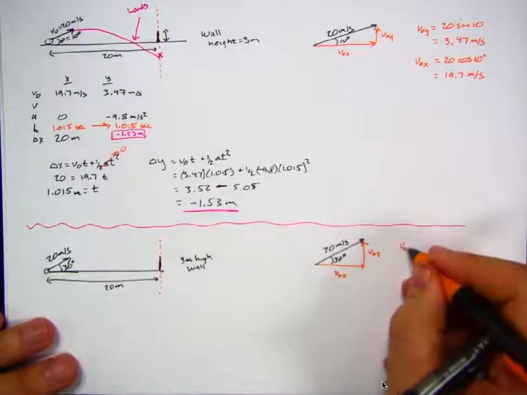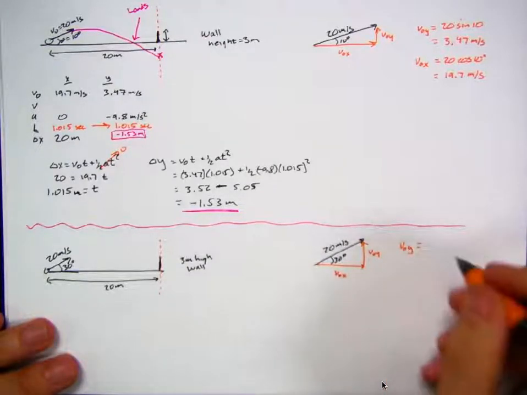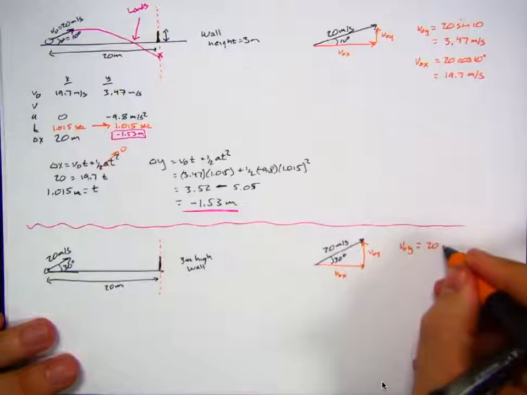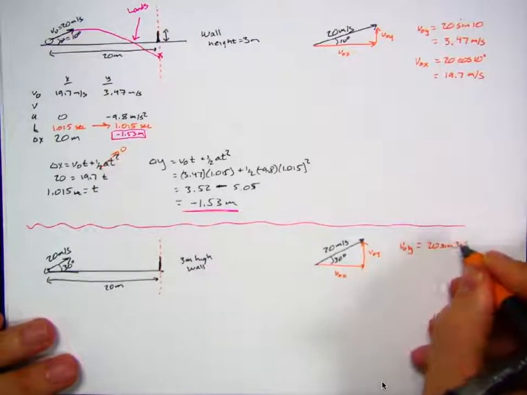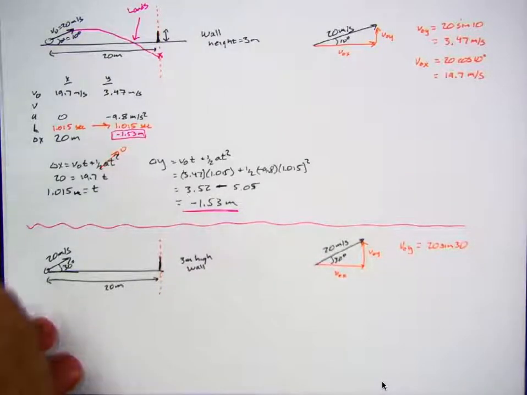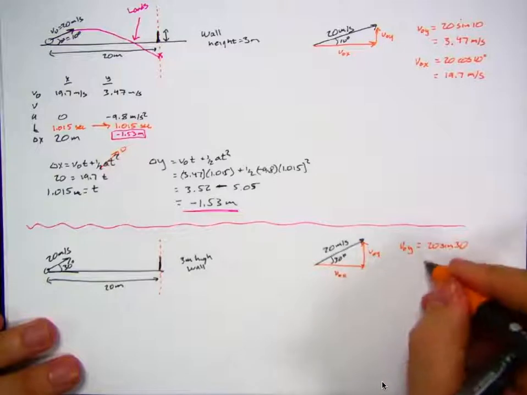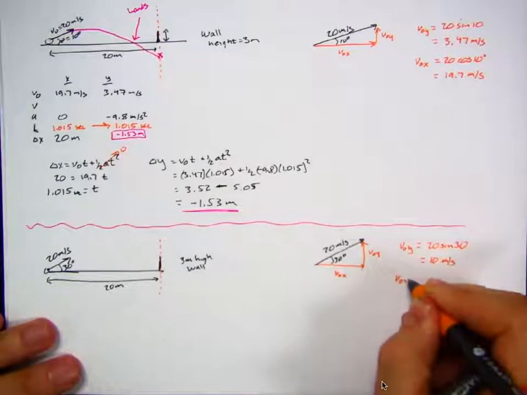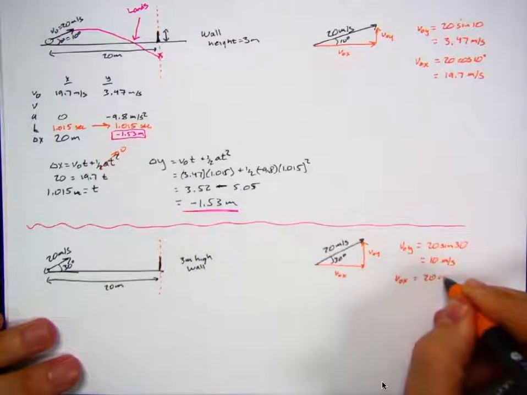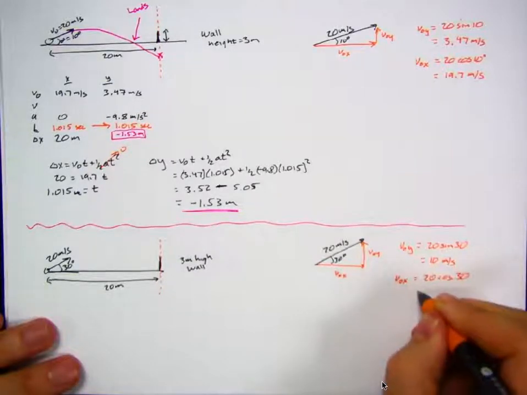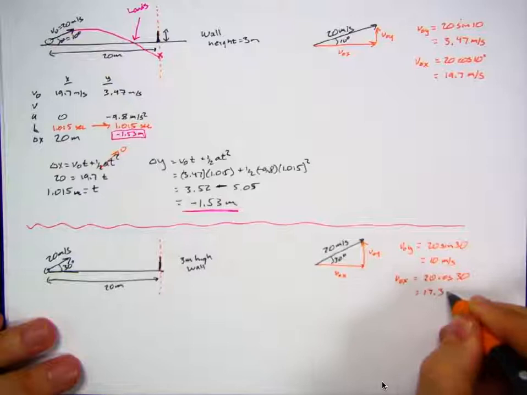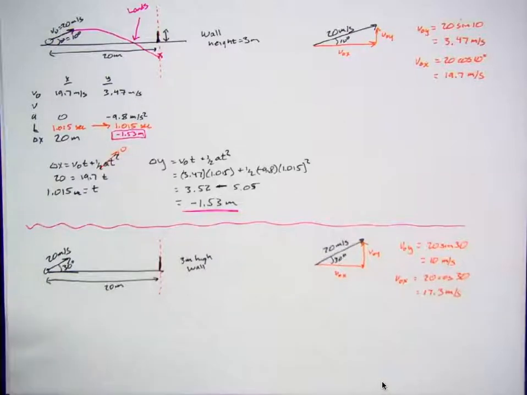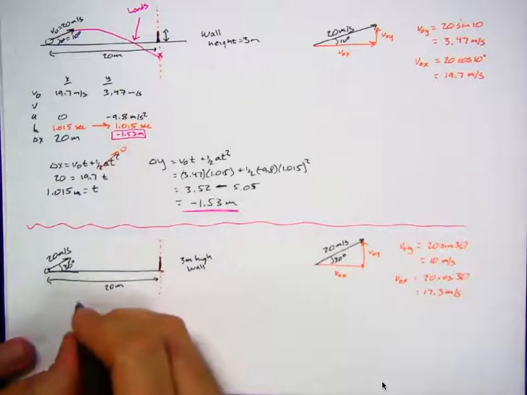So my V0y is equal to 20 sine 30, and 20 sine 30 is equal to 10, so this is 10 meters per second. V0x is equal to 20 cosine 30, which is equal to 17.3 meters per second. We can go back and say x and y.